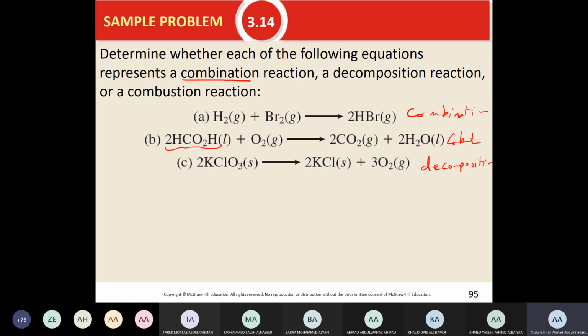This has to be organic. What does organic mean? Contains carbon, hydrogen, and other things like oxygen or nitrogen. But the main thing is carbon and hydrogen. Clear?